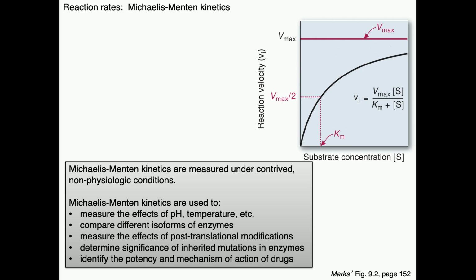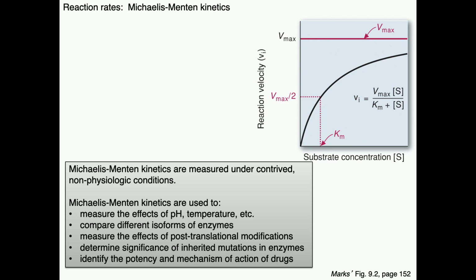For example, hexokinase is the enzyme that makes glucose 6-phosphate in all of our tissues except the liver. In the liver, there's a different enzyme called glucokinase that catalyzes the same reaction.